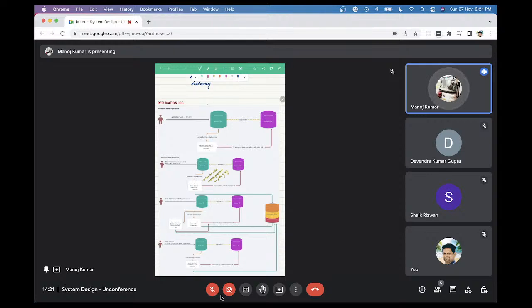Yeah, it's actually easy to tell, but when you really start implementing it, when you start writing code, it becomes very complex. You need to have a very good design in place. So that's what I told you. A single leader is very easy to implement. Any developer can develop that.